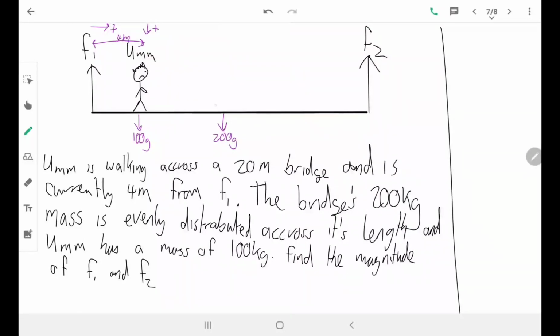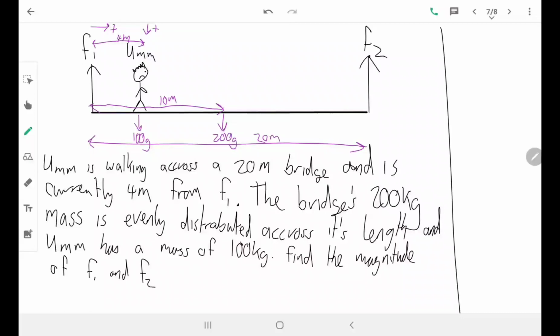And our center of mass to F1, nice straight line, is a nice 10 meters. And the entire bridge is 20 meters.